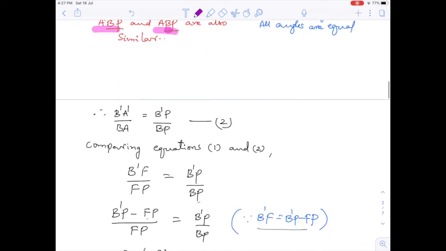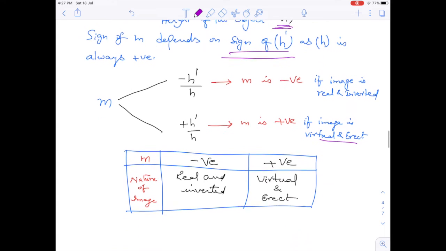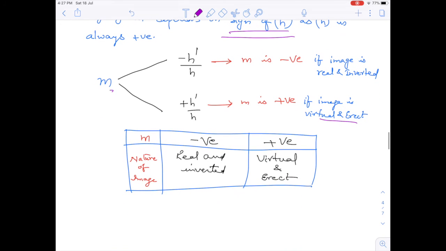So, based on those conditions, we can now tabulate this like this. So, the sign of m depends on the sign of h dash. So, if h dash is negative, m is negative. When will h dash be negative? If the image is real and inverted. And if h dash is positive, image is virtual and direct, then m will be positive. So, this is what it is.